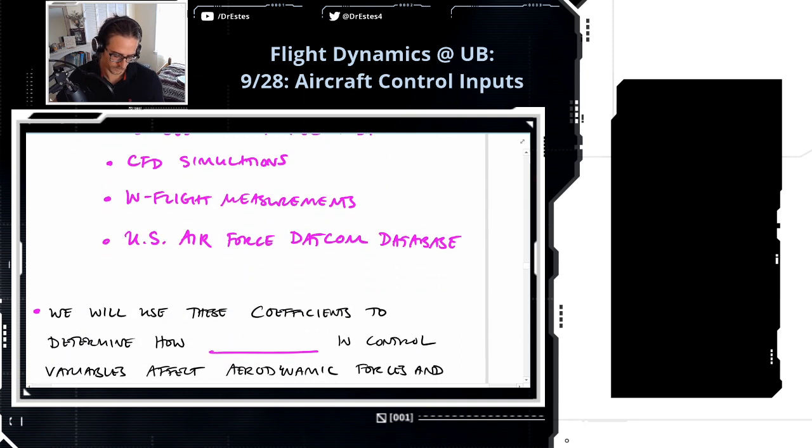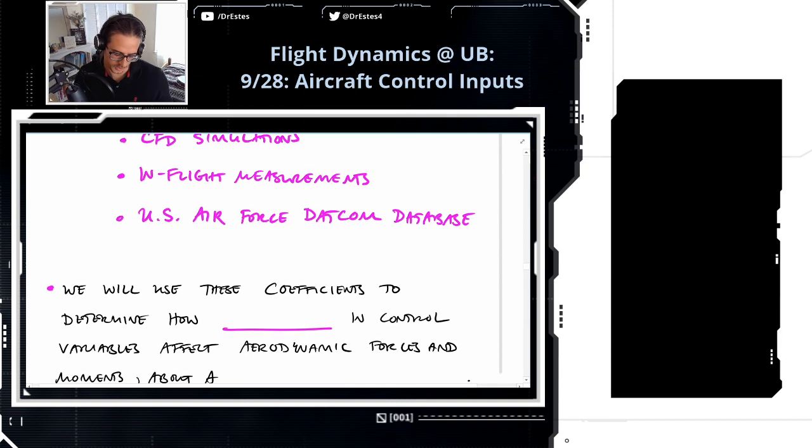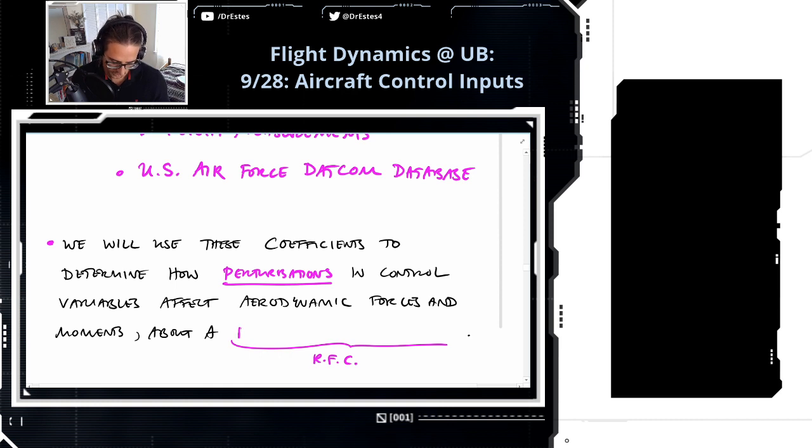All right. So we're going to use these coefficients to determine how perturbations in control variables affect aerodynamic forces and moments about a reference flight condition. And we're just going to abbreviate that RFC.